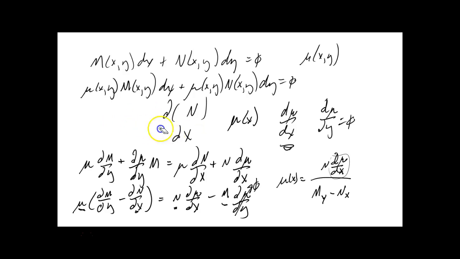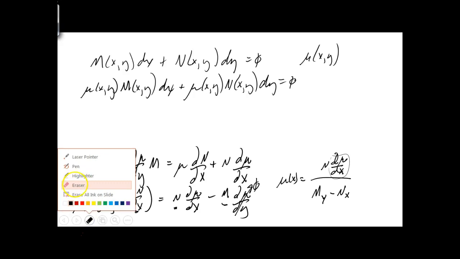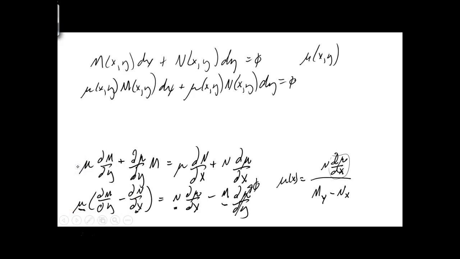We've already dealt with it. So rather than solve, I was just showing you what mu sub x is going to be, but we don't know what it is. So here we get our differential equation. d mu dx is equal to, multiply this, so this would be mu of x only times m sub y minus n sub x, divided by n. And that's what they have.